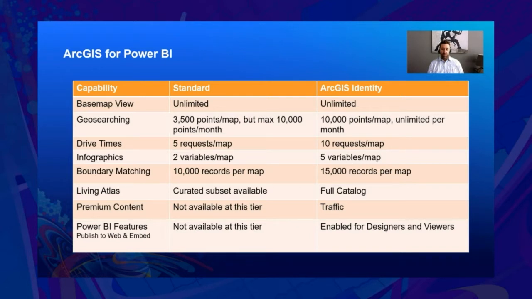We're able to access all of the content from the Living Atlas. We can add the Esri World Traffic Service, and there's an additional capability that we'll talk about later that, with an ArcGIS identity, enables you to embed your reports in other web applications such as SharePoint, or publish it to web where the report becomes available to anybody on the web.